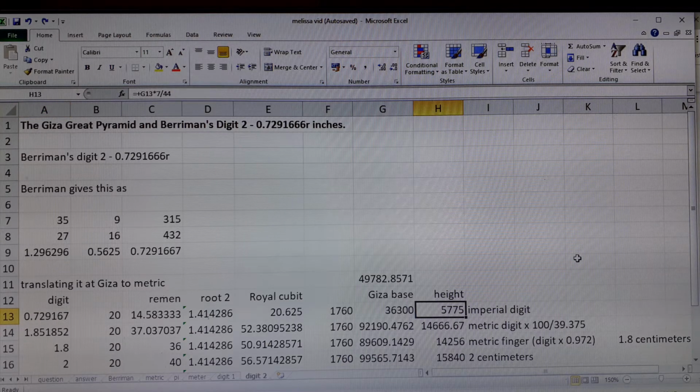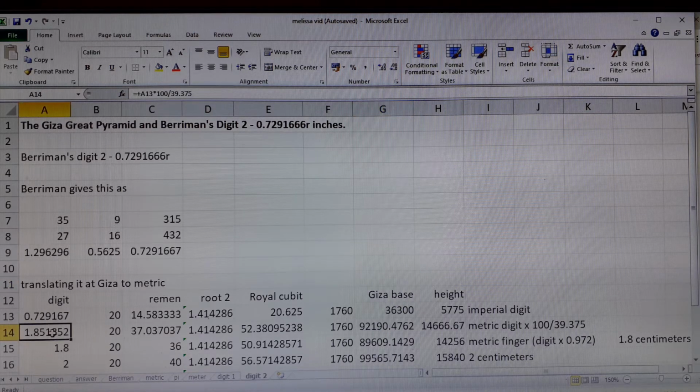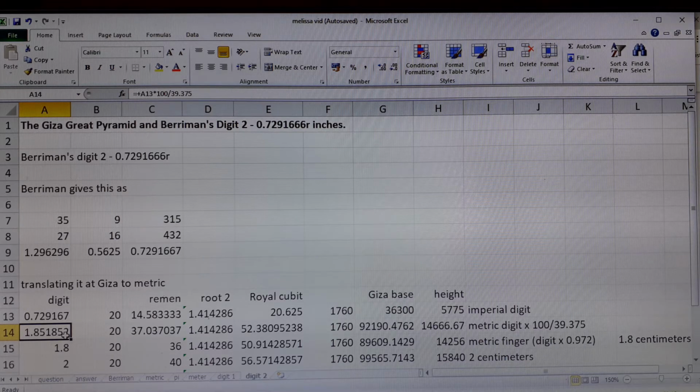And we know 5775 is 100 zapal. We've already been through that on a previous presentation. So we can convert to decimal, to centimetres, by using 100 divided by 39.375. And we find the digit in centimetres is 1.851851 recurring centimetres.